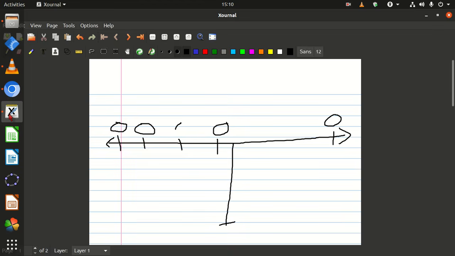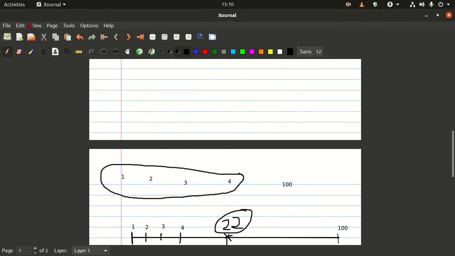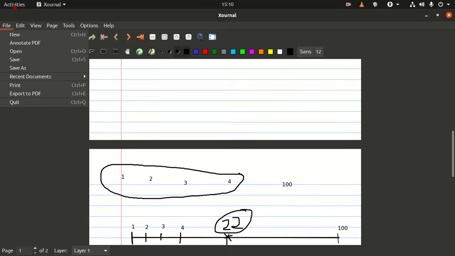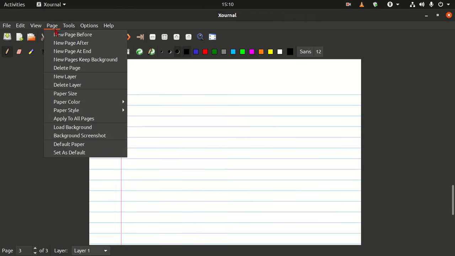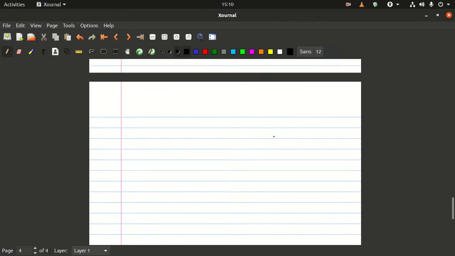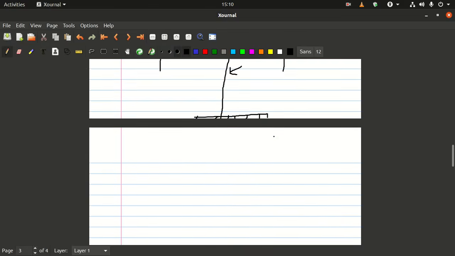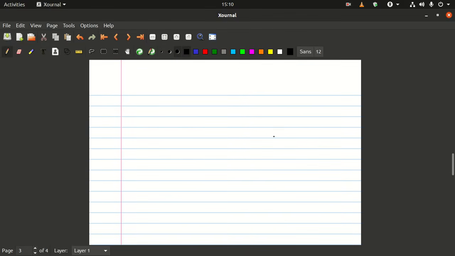Maybe this is going to make perfect sense. Let me add a page at the end. Just these 2 pages. Suppose that I have numbers: I have 1, 2, 3, 4, 100.